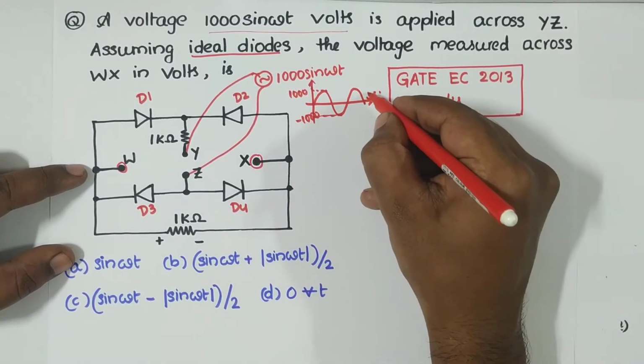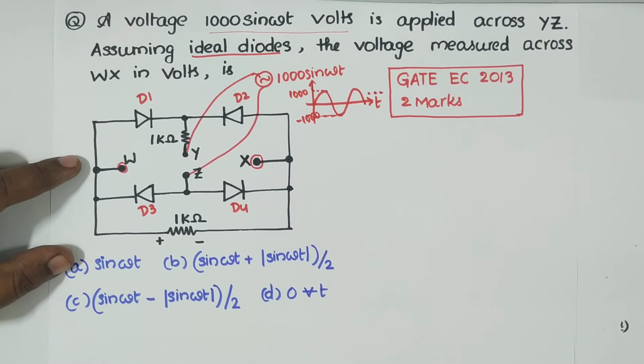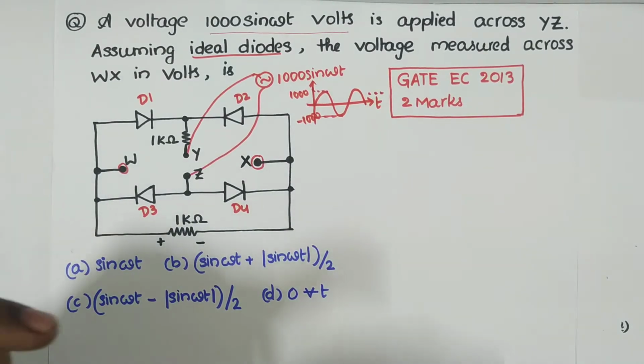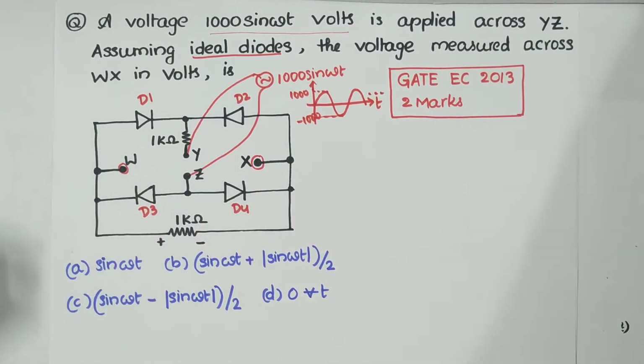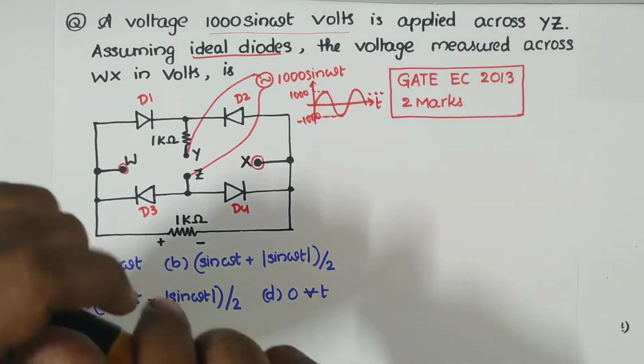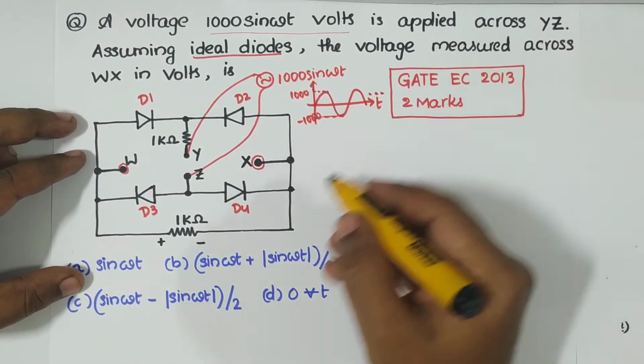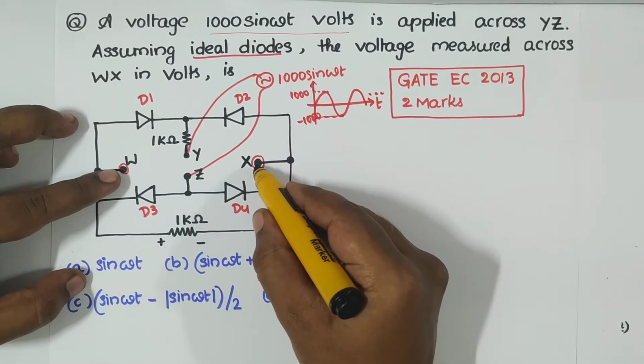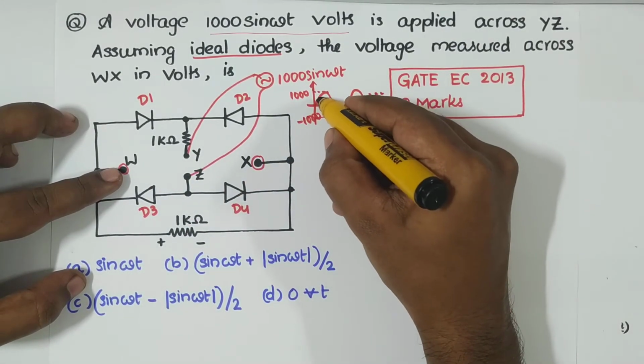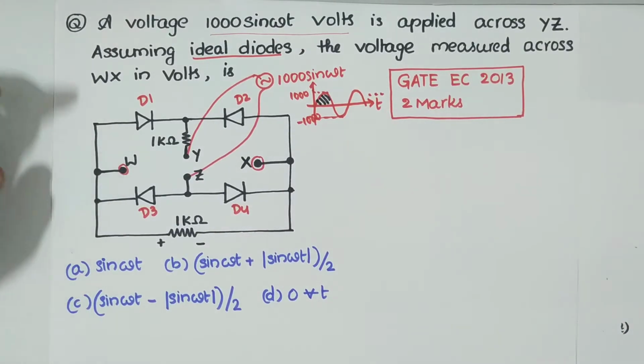This will repeat like this. Now during this positive half cycle, we are applying 1000 sine omega t volts across terminals YZ, so we will try to find out the voltage across WX. During this positive half cycle, what happens?